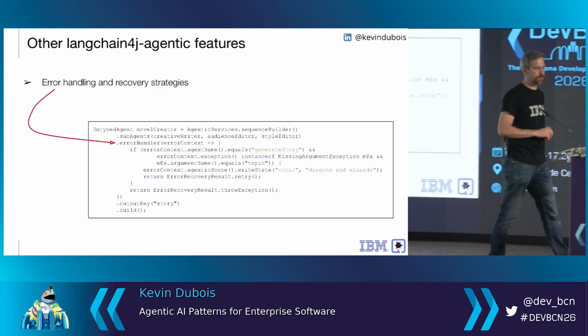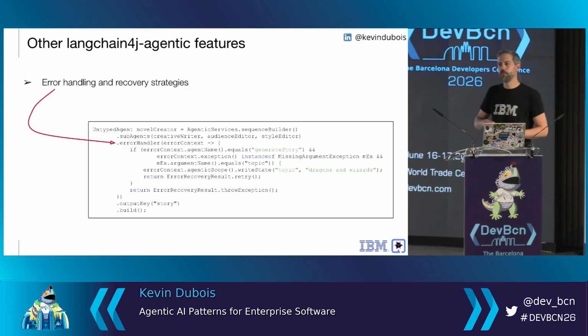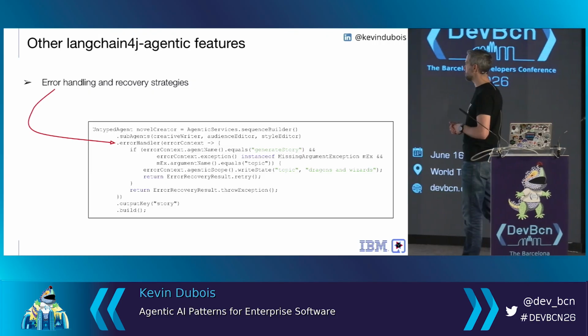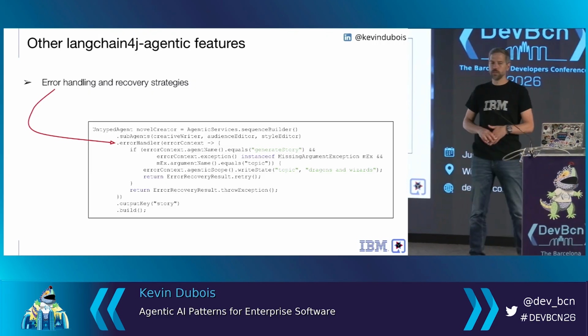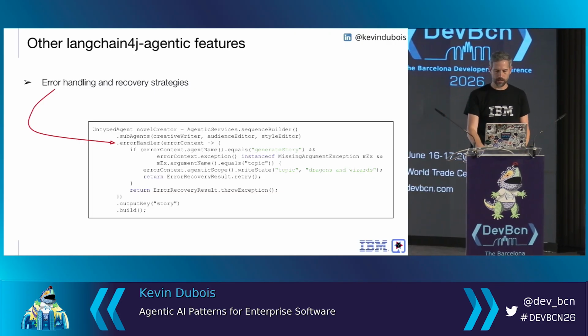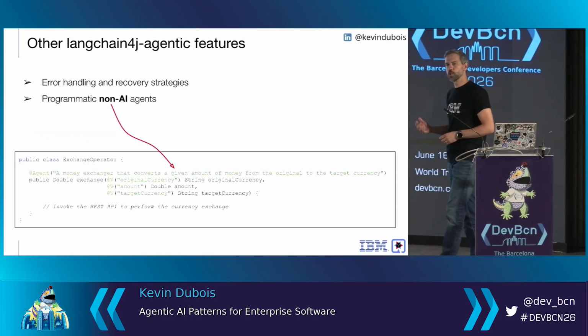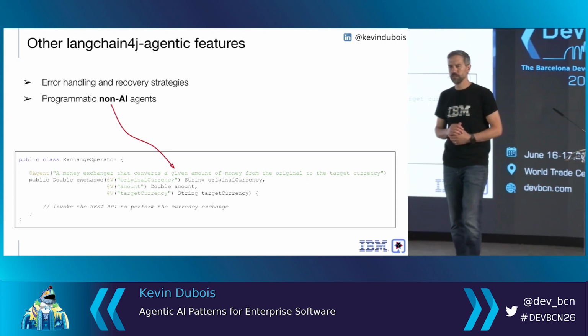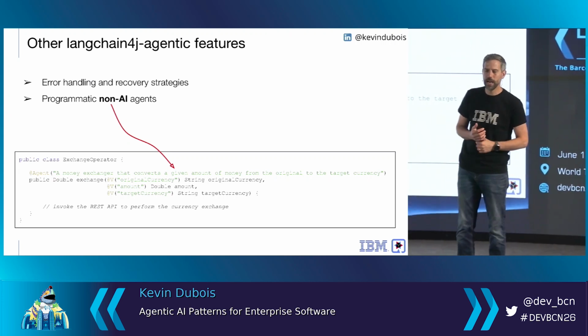So if your agent for some reason fails, how do you want to handle that? What do you want to do if there's a missing argument for that particular agent? Then handle that. You can also create non-AI agents, and you're maybe thinking, well, what's the point of that?